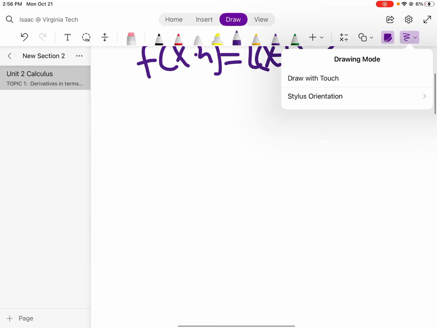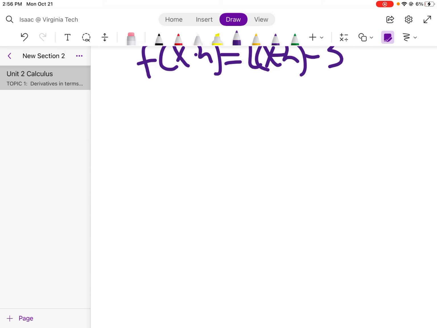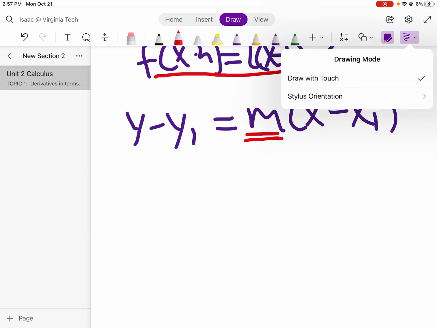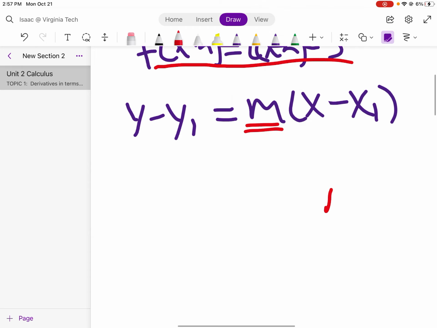Then what you have to do next is use the point slope formula. This is something that you definitely will want to know. What you would get from what I just said, that would be your m. So you would get your derivative from plugging these two things into that.